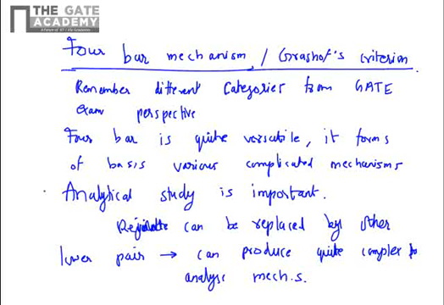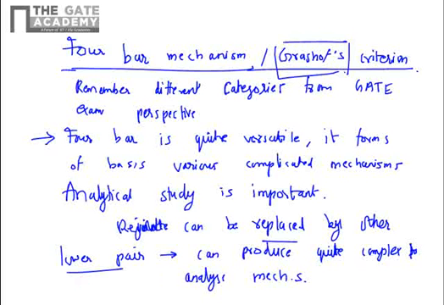But because the basic principles of the 4-bar chain we have understood through the Grashoff's criterion, the same principles can be applied to those mechanisms formed by replacing the lower pair, and we can form a theoretical foundation to do analysis of those complicated mechanisms.